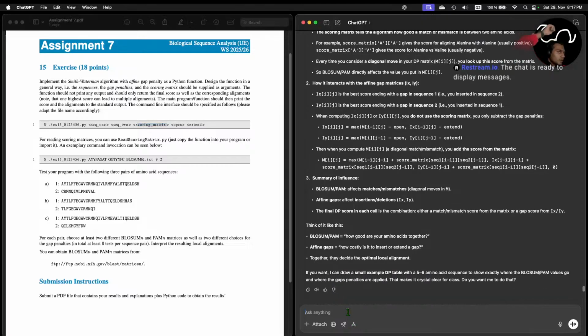No, I still didn't get it. I still didn't get how the PAM and BLOSUM work here. Maybe it's also because I still don't know the difference between them.